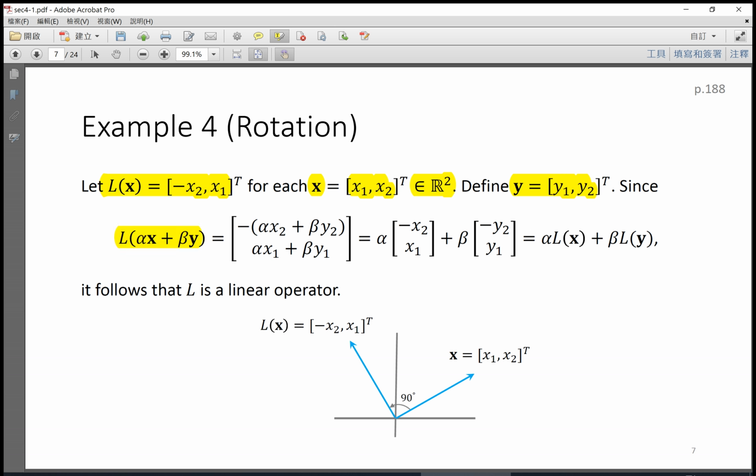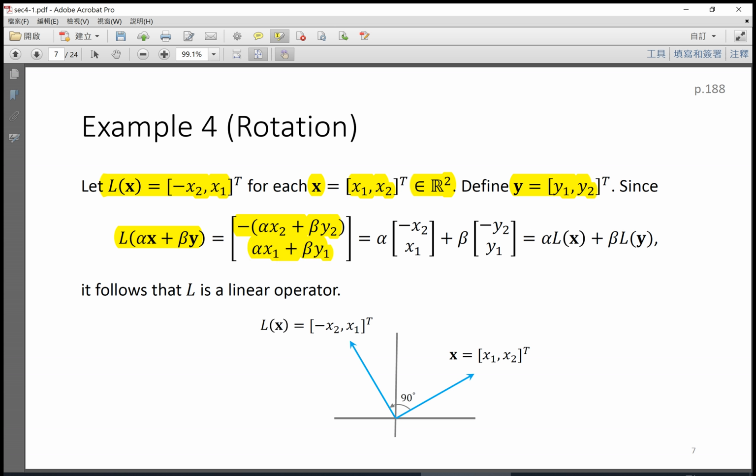By the definition of L, this can be written as a vector in R2 where the first entry is −(αx2 + βy2) and the second entry is αx1 + βy1.